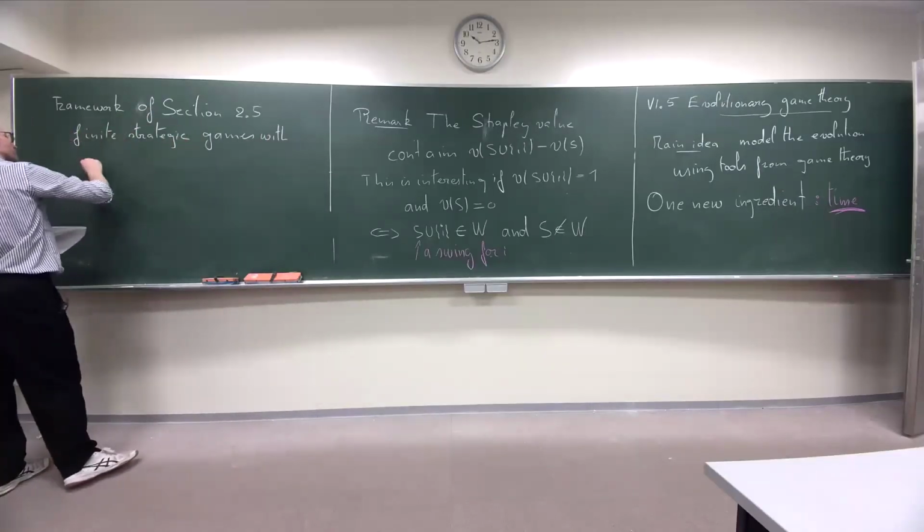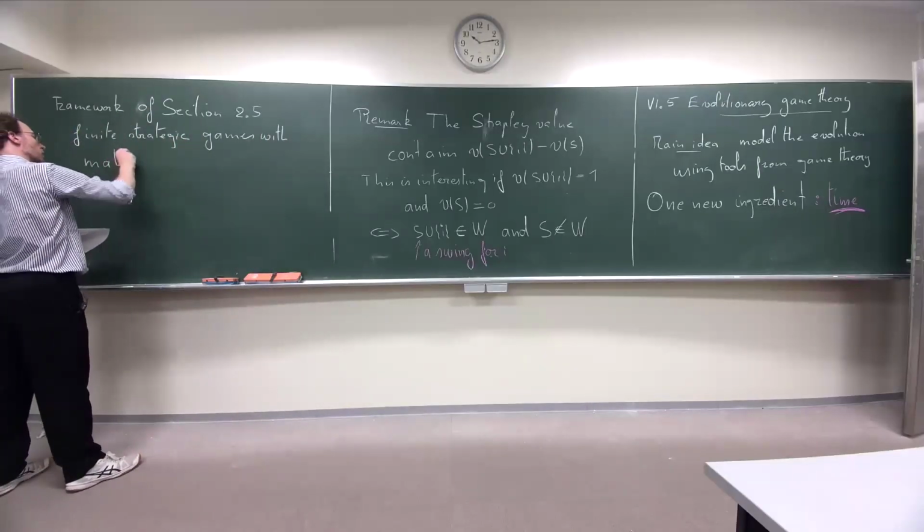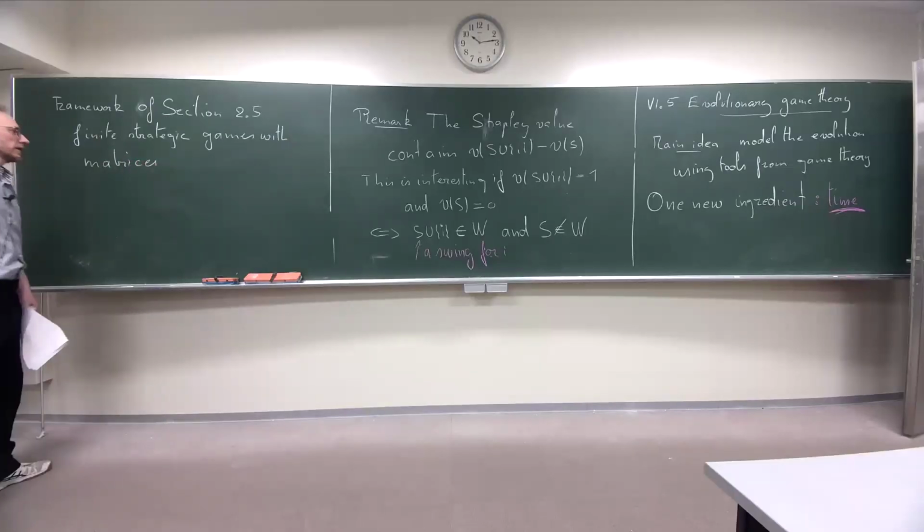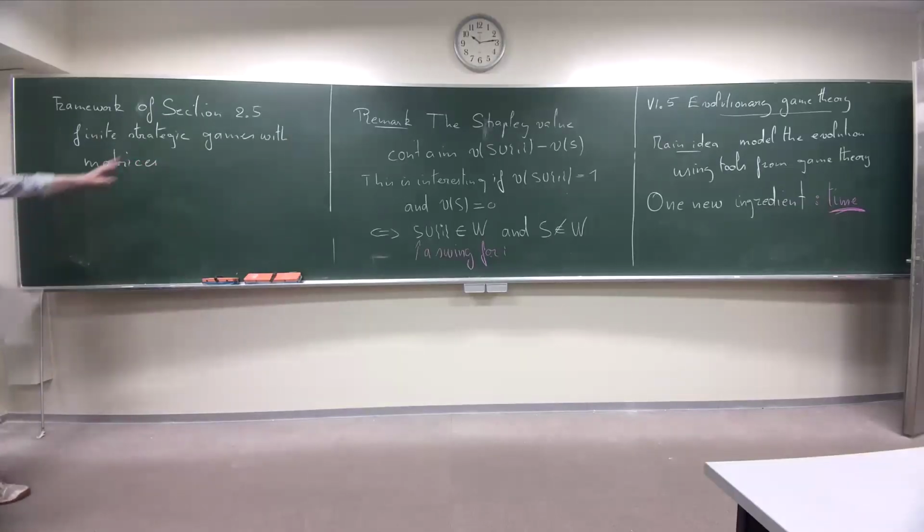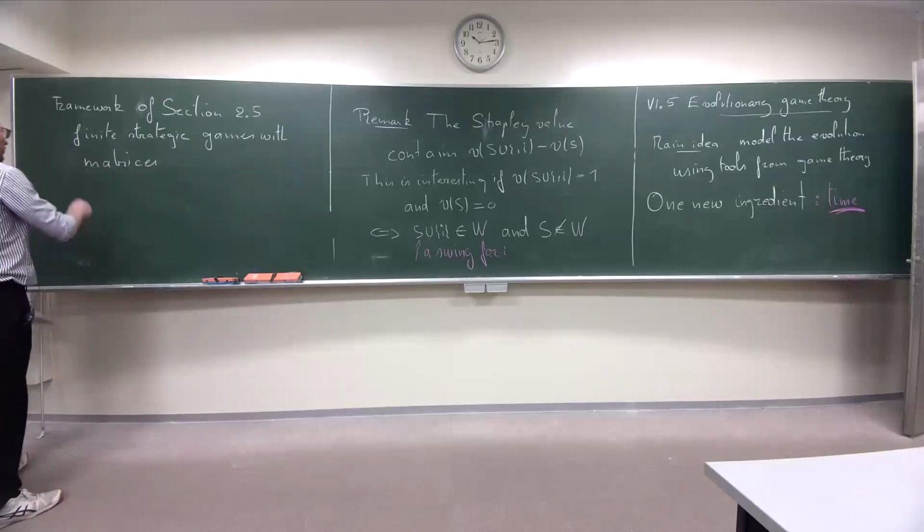When I started strategic games in chapter 2, first I did not introduce matrices, but if we have a finite number of strategies, we can use linear algebra and matrices. So what was the framework?